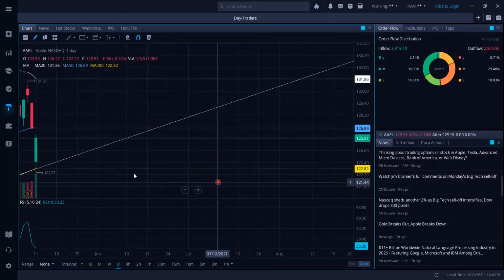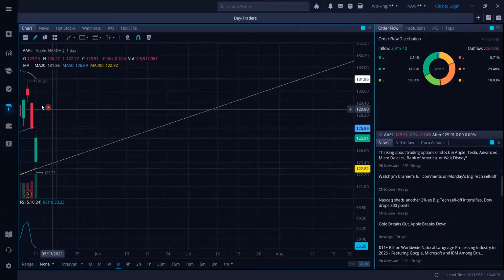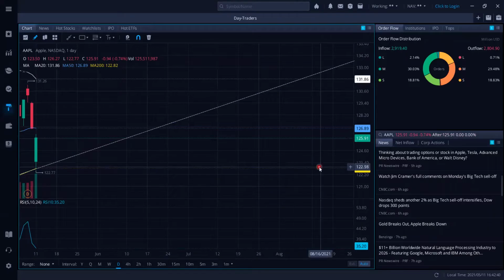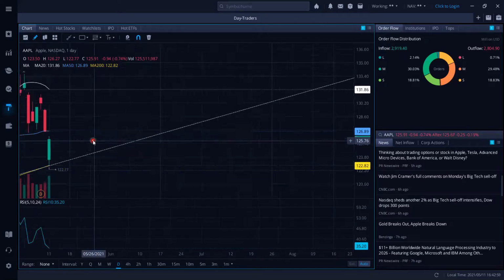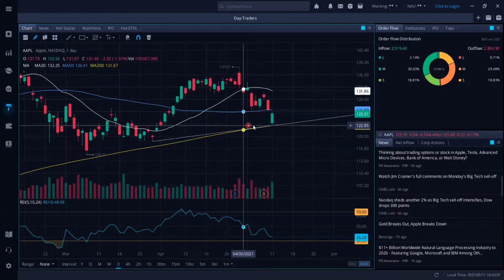If I want to run an option on Apple right now, my 200-day average is at 122, which is my strongest average. Looking at where they're at right now, I'd probably want to work my way somewhere in this area. Look at what they did today, coming down towards the 200-day.